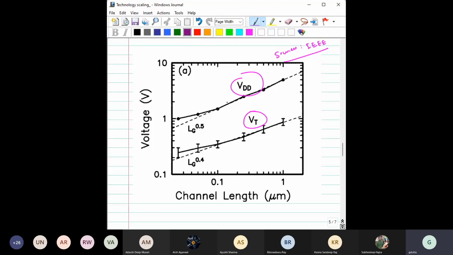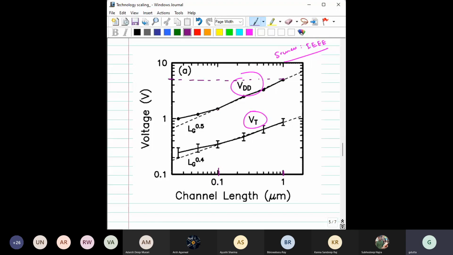Here you notice that when the gate length was 1 micron, the supply voltage used to be around 5 volt, right? This point, right? Now we are reducing it 10 times, so it is becoming 100 nanometer.